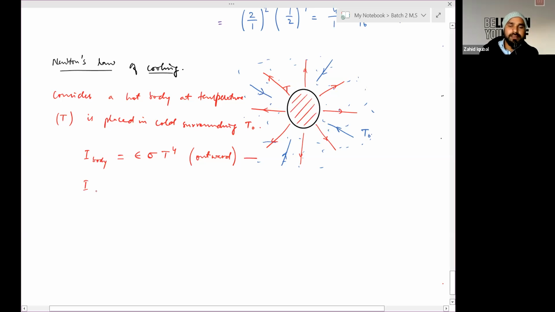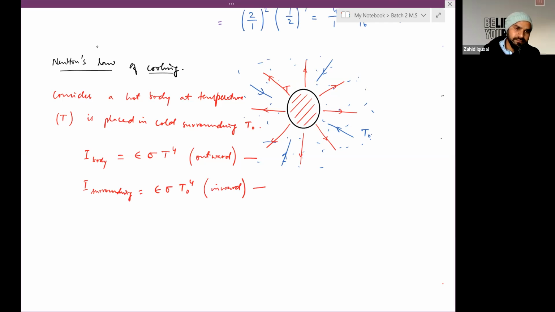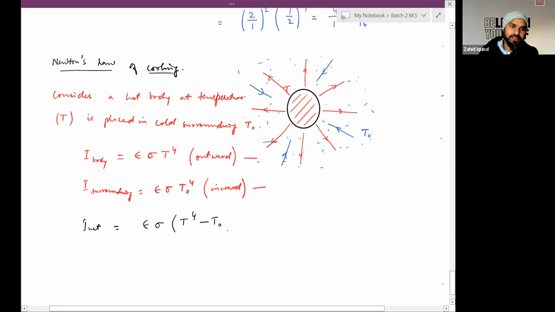Similarly, the intensity from the surrounding will be epsilon sigma T naught to the power 4, inward to that particular object. So to calculate the net intensity flow, I net will be the difference of these two terms. Epsilon sigma being constant, take it outside: T to the power 4 minus T naught to the power 4.